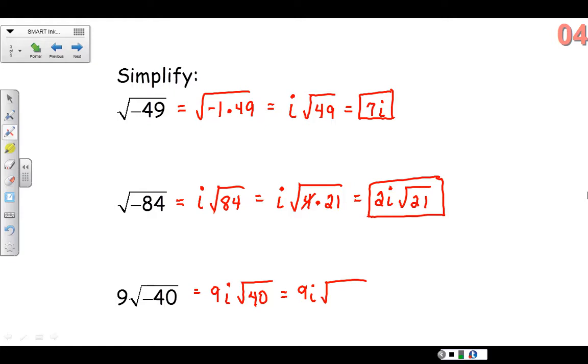So 4 times 10. 10, I don't think I can break that down any further, so that's as much as we can do. I've got the 9I already out front. Let's bring out the square root of the 4, which would be 2, and so I have radical 10 still underneath. If we multiply those expressions out in front of the radical, 9I times 2 gives me 18I square root of 10 as my simplified version.